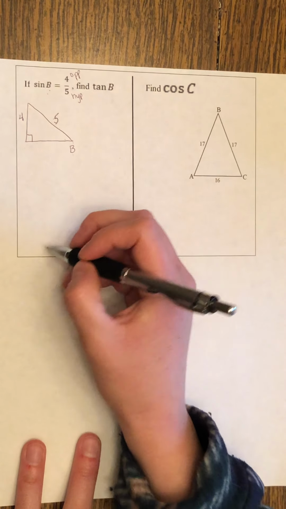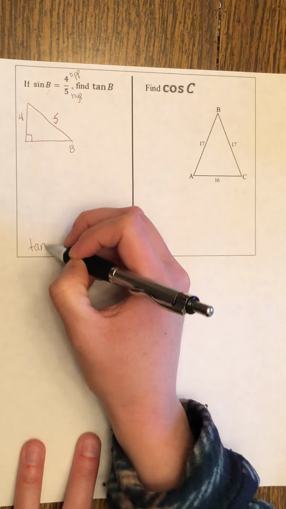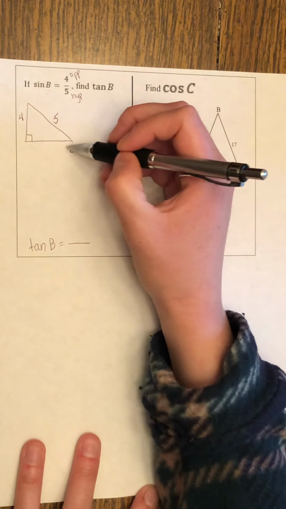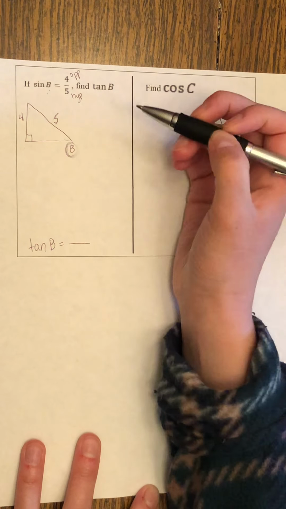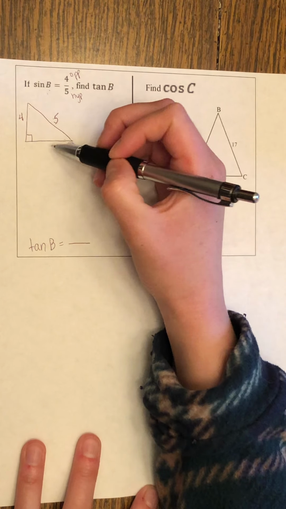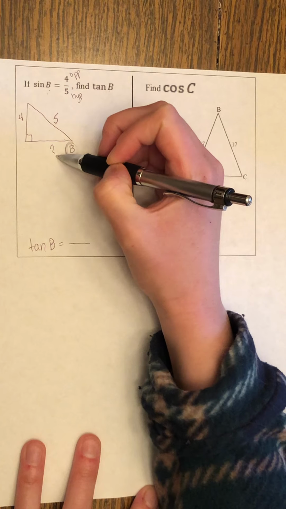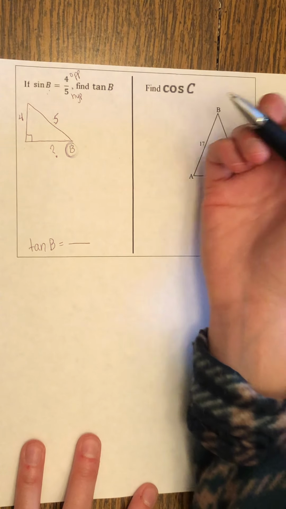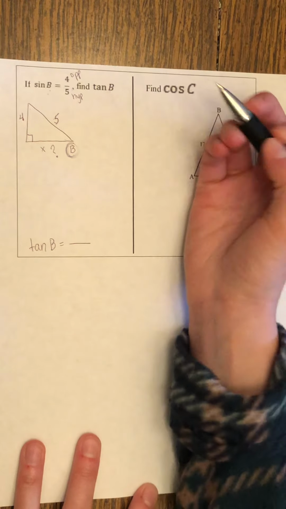Tangent is what I want to find. So I want to find the tangent of angle B, which is equal to, if B's here, tangent is opposite over adjacent. But I have nothing there for the adjacent leg. So we have to use Pythagorean theorem.